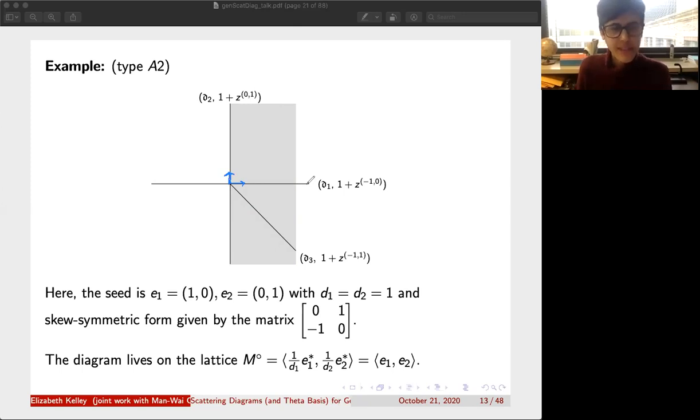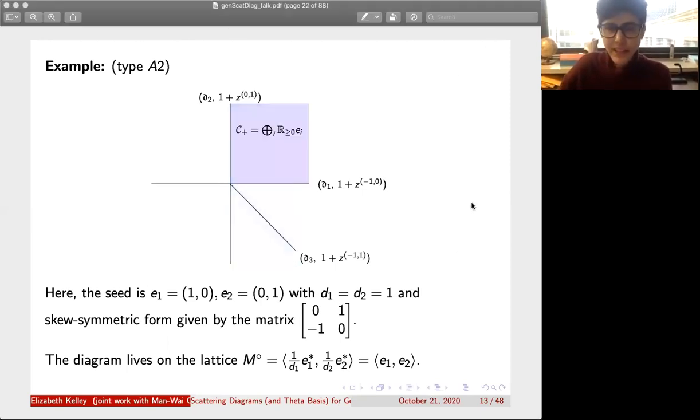And this diagram is living on some lattice M-circ that could be complicated, but because this is the simplest example, it turns out to just be the lattice where every integer point is in the lattice. So we lucked out and we don't have to worry about the lattice being complicated.